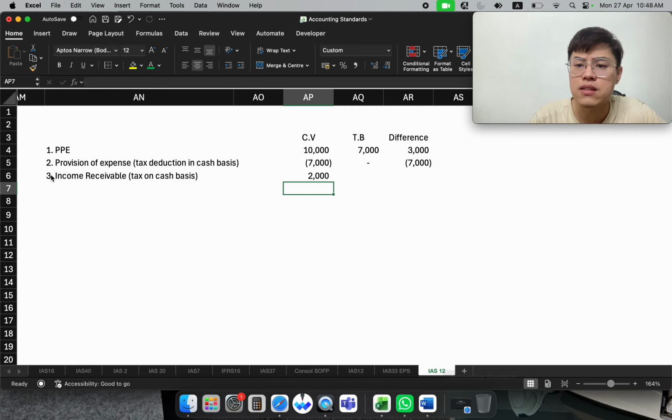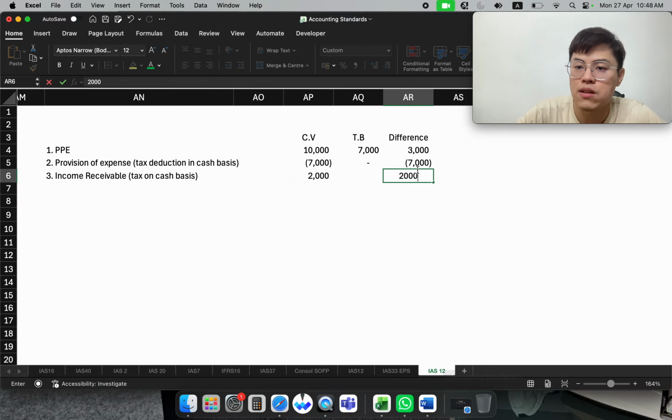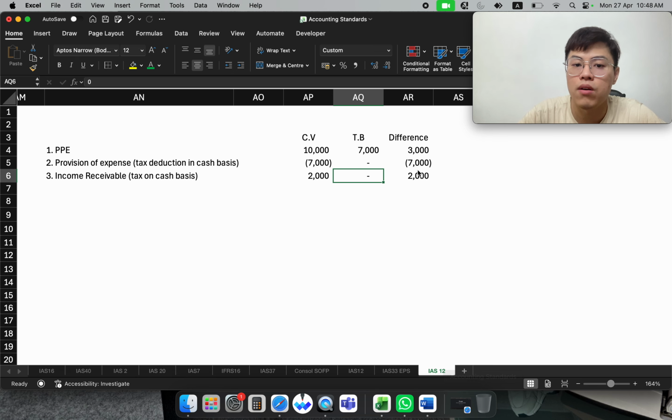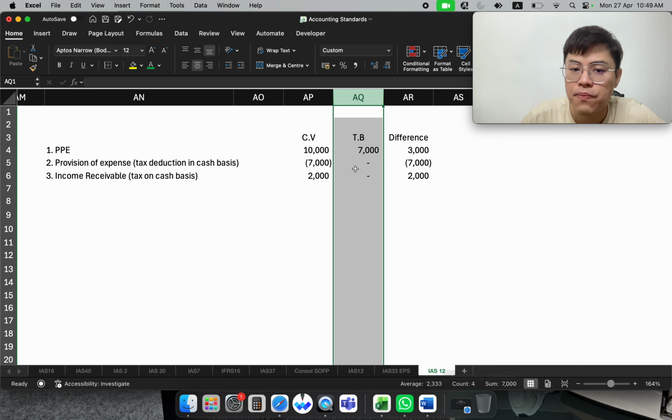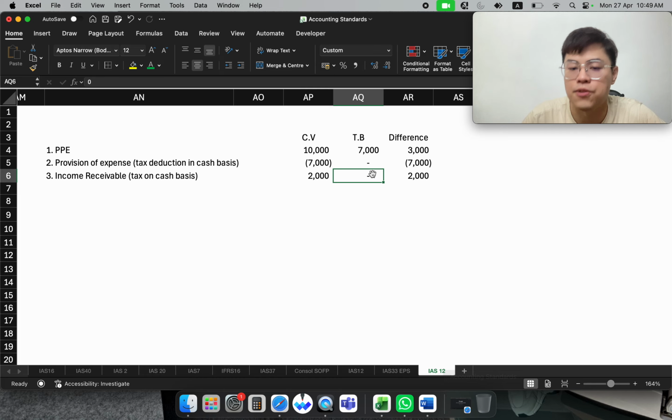But tax won't make any adjustment now. Tax won't tax you now, and in future when you receive the money, tax will come and tax you. So in that case, you will have a difference of 2,000 to be taxed in future. Therefore, tax base is 0, and there's a difference of 2,000.